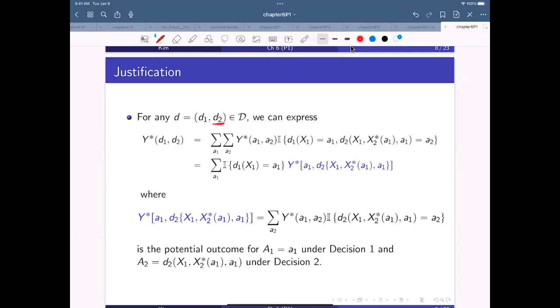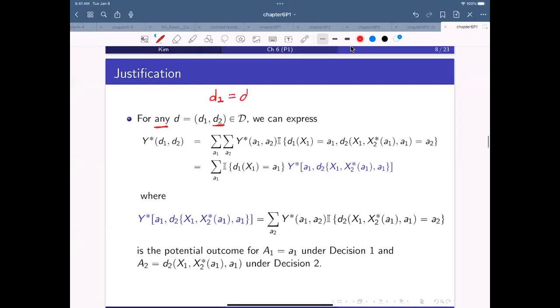For a given decision rule that depends on history, which is X1, X2, and A1, this is a known function.